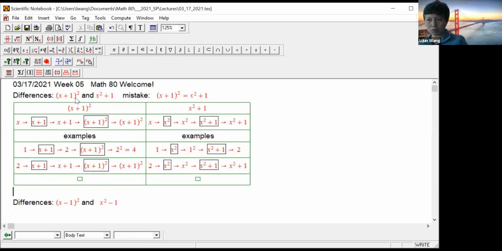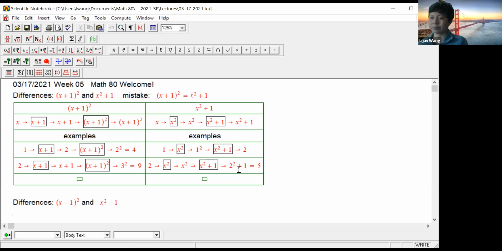So you're going to do x plus 1 first, and you get 3. And 3 squared is what? So here you're going to get 3 squared, that's 9. Over here, you're going to get 4. No, 2 squared plus 1, okay? So 2 squared plus 1, you're going to get 5. Does everybody follow me?